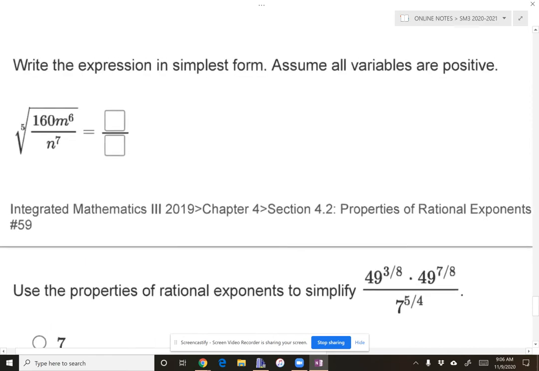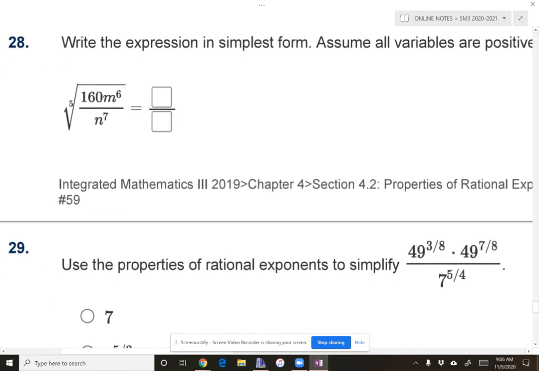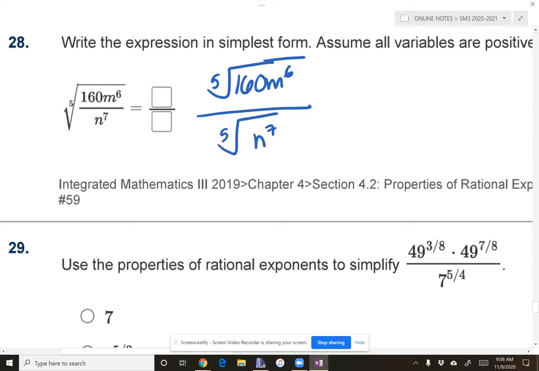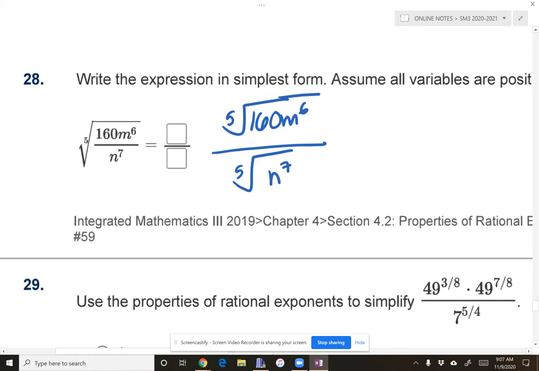Okay, 28, same thing. We're going to simplify them individually. So I'm going to do the fifth root of 160 m to the 6th over the fifth root of n to the 7th. I'm going to change colors so you can see this. 160, you're like, what the heck? I don't even know what multiplies to that, but I do.